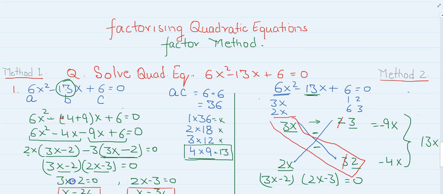The same we got here, 3x minus 2 and 2x minus 3. So x will be 2 over 3 and 3 over 2. So this is a very short method. You need a little bit of practice to use this method.